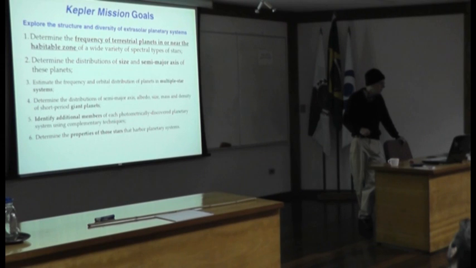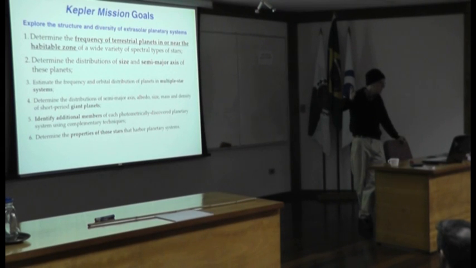And the Kepler mission goals were to determine how common terrestrial planets are in and near the habitable zones of a wide variety of stars. So that's the big astrobiology goal.